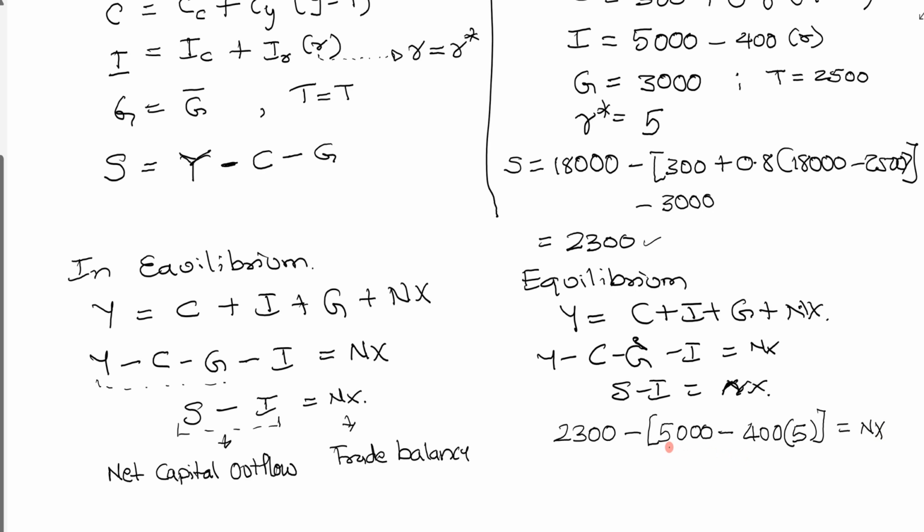So when you do the math, this is 5,000 minus 2,000, so that's 3,000. So 2,300 minus 3,000 is negative 700, which is going to be the balance on our trade account, which is nothing but a trade deficit of 700.